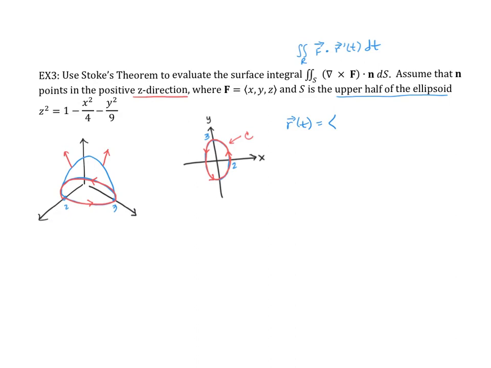So the x value would be 2 cosine of t, y would be 3 sine t. And if I want, I can put a z value, since I'm in three-dimensional space, of simply 0. The t values are going to go all the way around, so 0 to 2 pi. And I think that would be easier for me to work with.